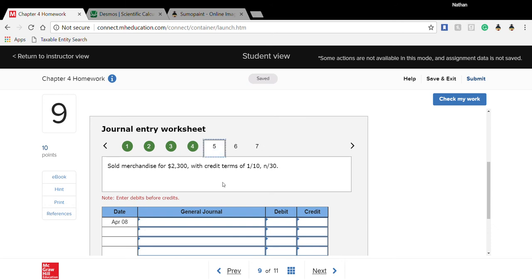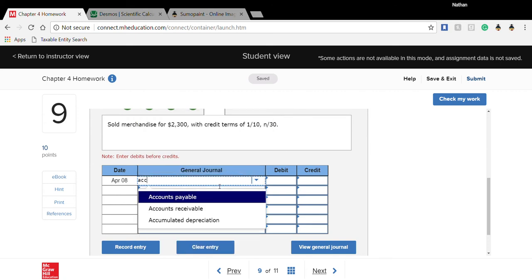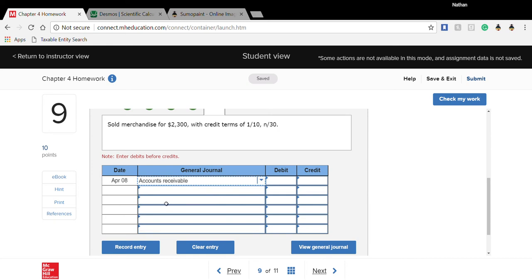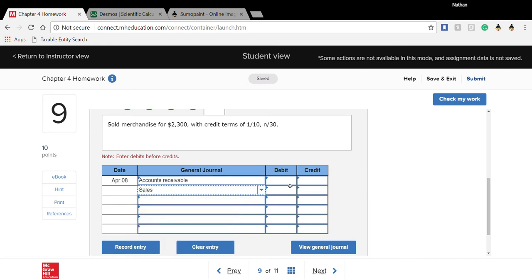Alright, so question 5. Again, we sold merchandise. This time we sold it for $2,300. Repeating the same steps. Since we sold on credit, we're going to have the accounts receivable. We're going to have our sales for however much the contract is. And that's how it goes. Alright, so nothing special there.